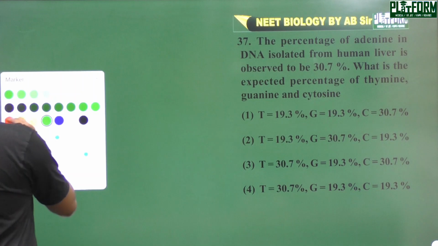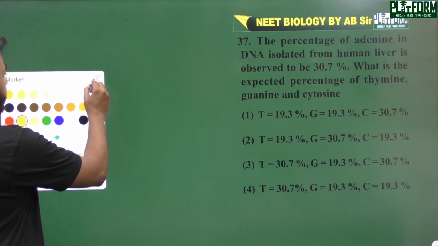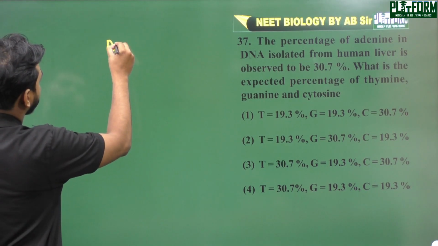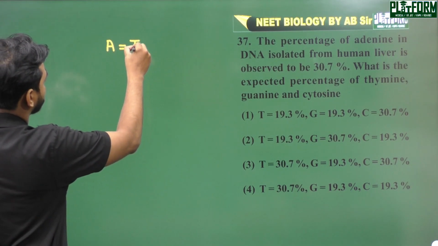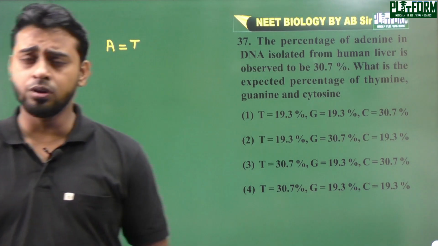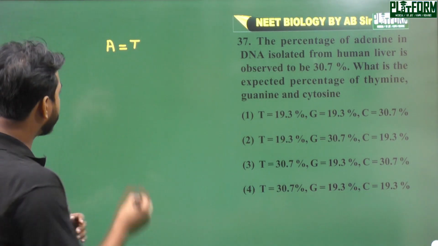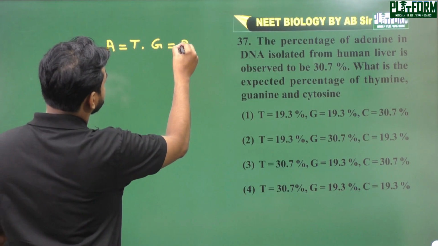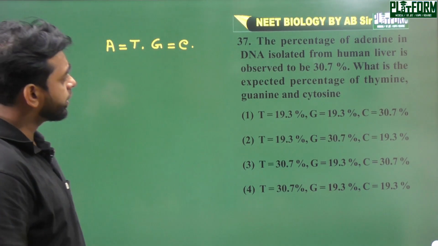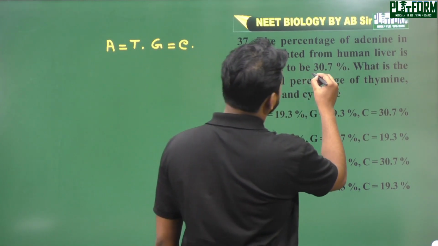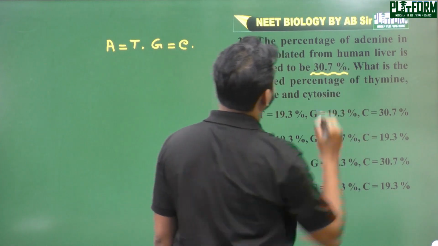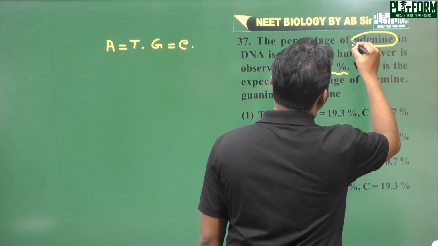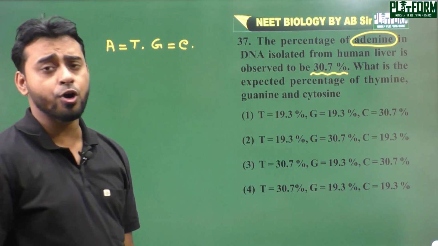According to Chargaff's rule, A equals T and G equals C. In this question, the adenine is already given as 30.7.